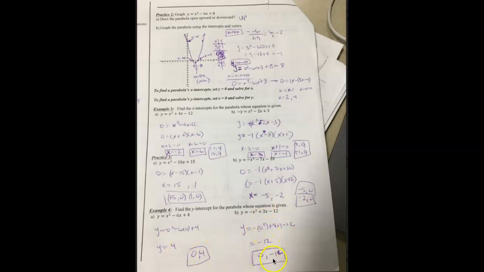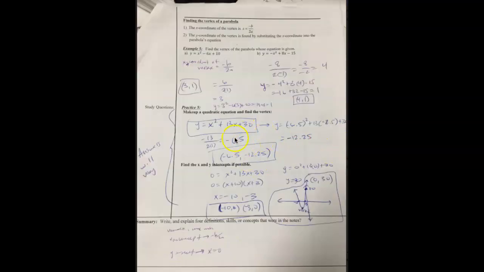So there's those y-intercepts. And then this page here, guys, this page is just finding the vertex. So we've already done that. The first couple problems where we graphed, we found the vertex and the x-intercepts and y-intercepts. So right here, this is just easier because we only have to find the vertex.